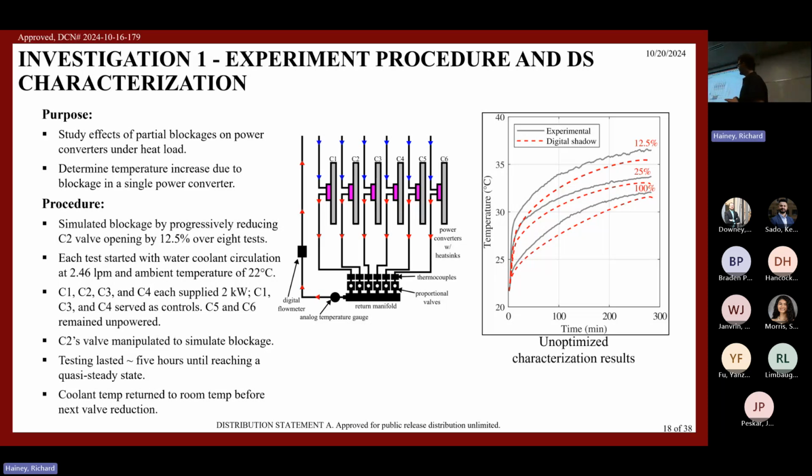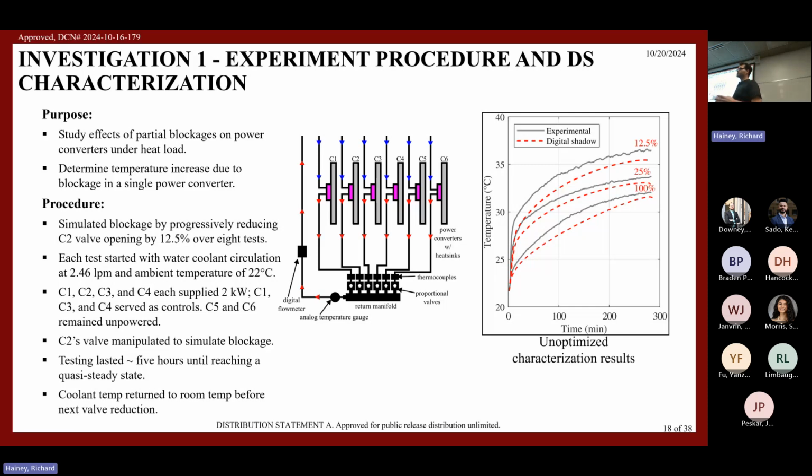Each one of these tests took about 5 hours before the entire system would reach a semi-steady state. As you can see, it hasn't reached steady state there, but it's more quasi. If we kept going, it would have reached it.